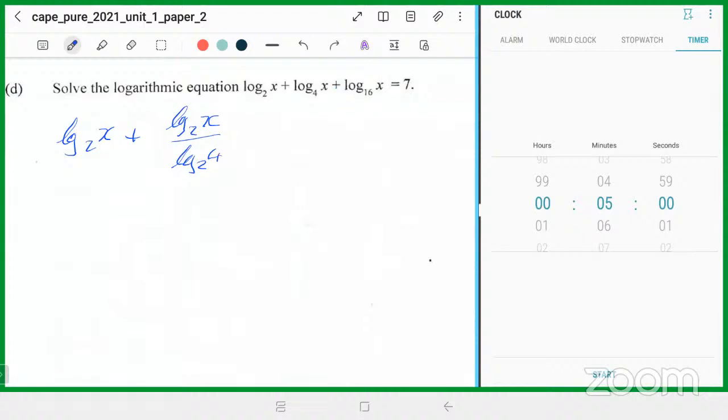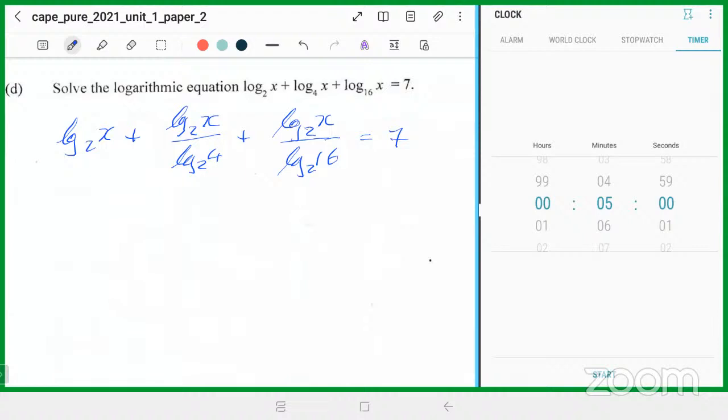And this one now becomes log of x over log of 16. The base that we want is 2. That equals 7.